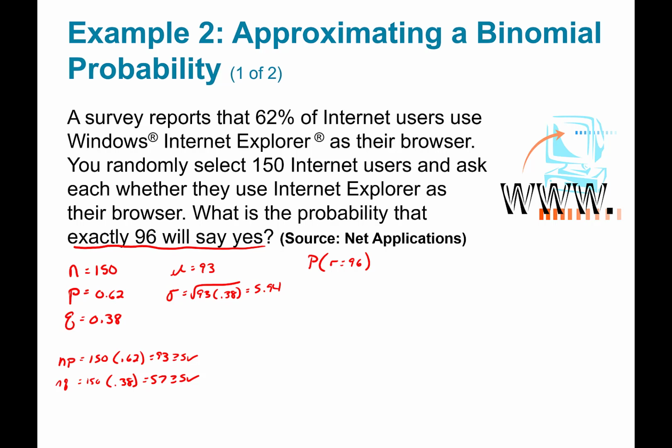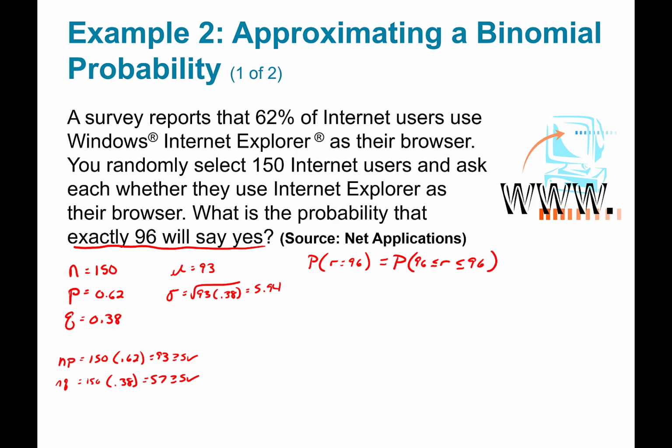Knowing that R is equal to 96, that's the same thing as saying R is less than or equal to 96 and greater than or equal to 96. So R is only between 96 and 96. If it's equal to it, then it's going to be between the same value. There is no difference of values. So both our left and our right endpoint are 96.